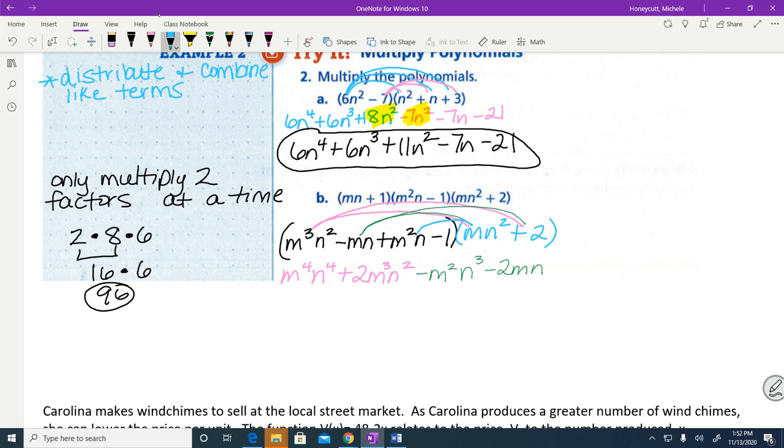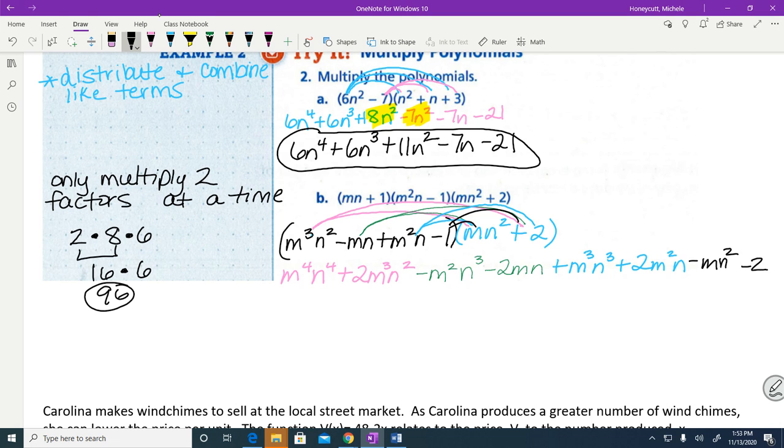So m squared n times n squared is plus m cubed n cubed, and then m squared n times 2 is plus 2m squared n. Then finally, I need to distribute this negative 1, so I'll just do minus mn squared minus 2.